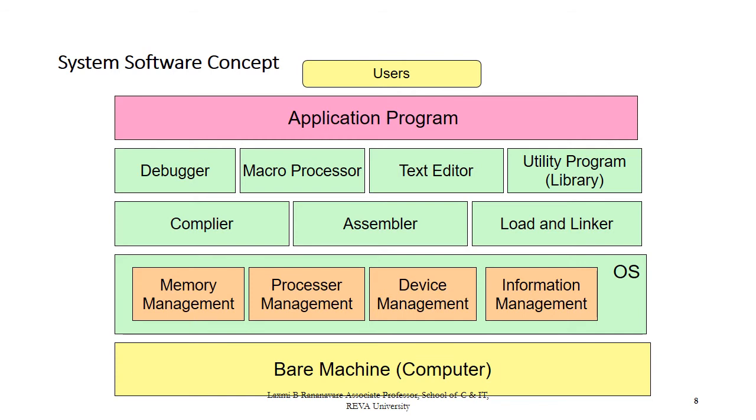On top of the operating system layer, we have compiler, assembler, loader, and linker. The compiler generates the object code for the higher level language program, then the assembler generates the object program for the assembly language code, then the loader places the object program into the main memory and initiates the execution, then the linker links the different object programs, and then the loader loads this linked object program into the main memory and initiates the execution.